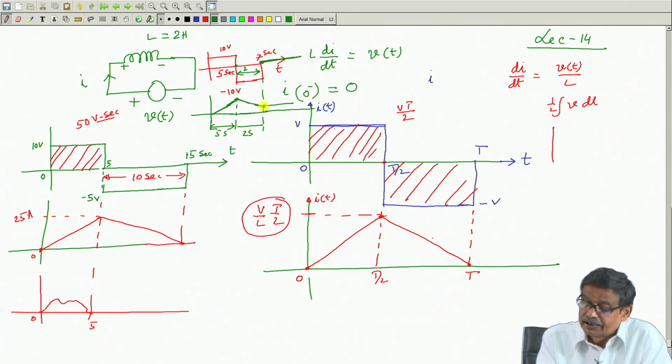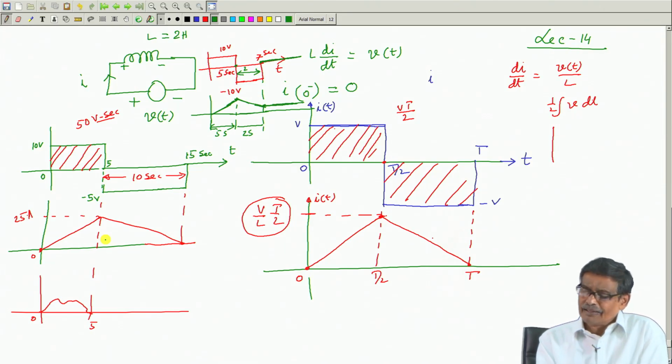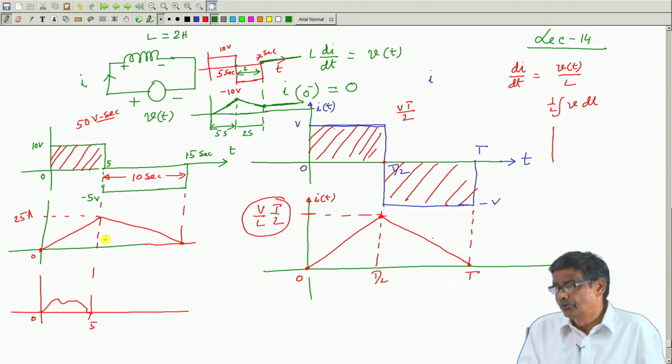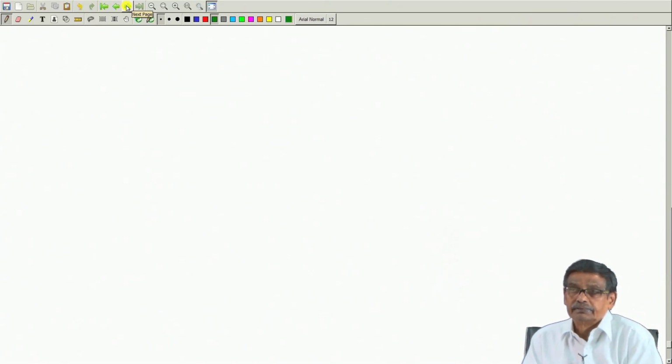So, whatever will be the current, that will be maintained in a short circuited inductor beyond t equal to 7 second. Got the point? Anyway, think about it, this is so nice, storing inductor and solving this kind of problems.